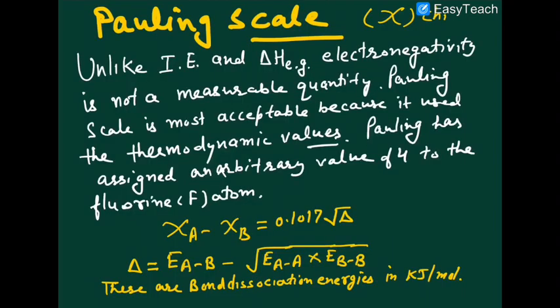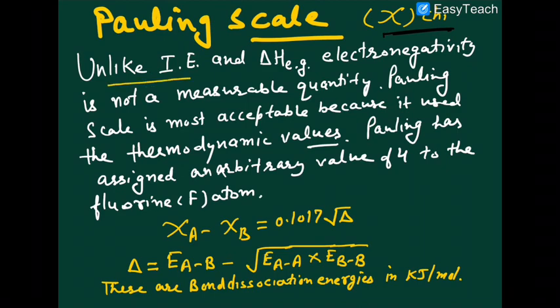Okay. Now a very interesting feature is how the various electronegativity values can be determined. The acceptable scale is the Pauling scale, and chi is the symbol of electronegativity. So what is the criterion taken by Pauling?